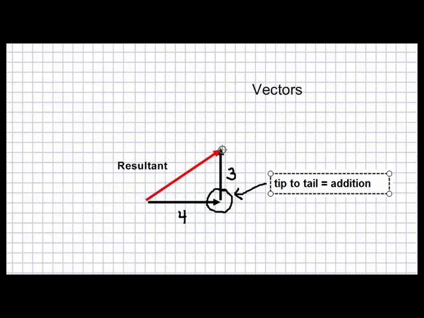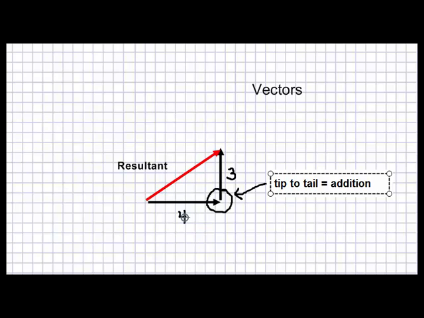In this picture, we can figure it out nicely because we have a nice right triangle, and so we can apply the Pythagorean theorem to figure out the length of the hypotenuse. You recall a squared plus b squared equals c squared. So if we perform that operation with these numbers, we get 4 squared plus 3 squared.